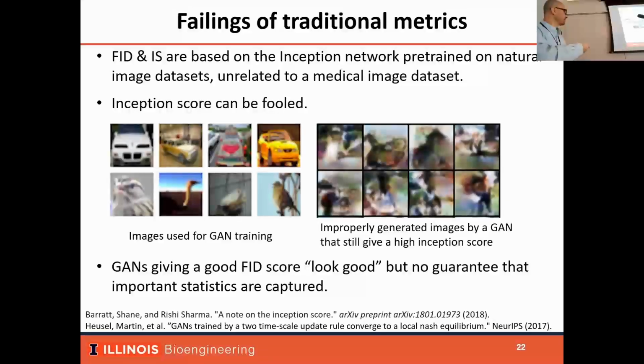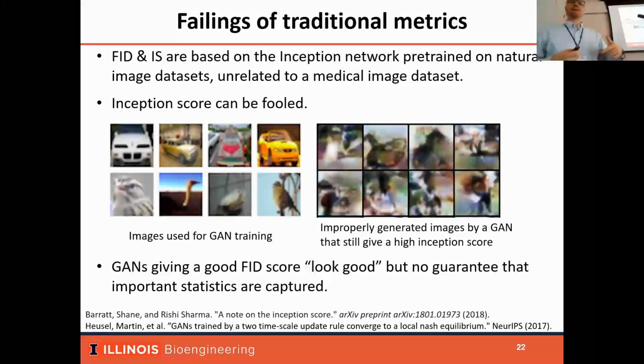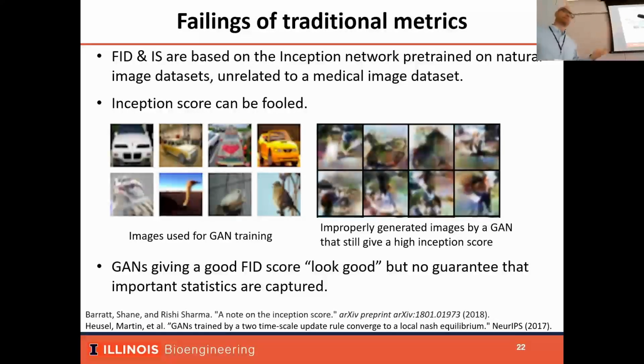A GAN was trained on these natural images on the left, and here are images produced by the GAN. They look terrible, but the Inception classifier gave them a good score. So the Inception Score is something we have to worry about. The FID, the Fréchet Inception Distance, is a little more reasonable. If an image has a good FID score, then generally it looks kind of good. But again, there's no guarantee that the medically relevant statistics are actually captured.